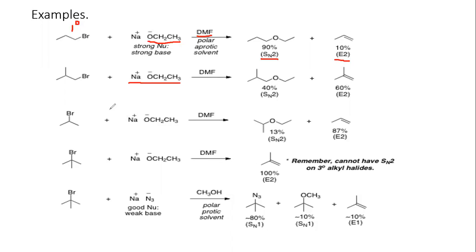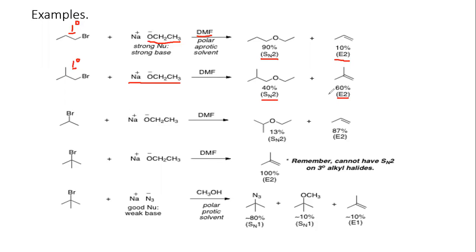This is still a primary alkyl halide. But the difference between this primary alkyl halide and this primary alkyl halide is this one is more bulky. So since it's more bulky, it prefers the elimination more now than the substitution. So now we get a mixture of elimination and substitution products.